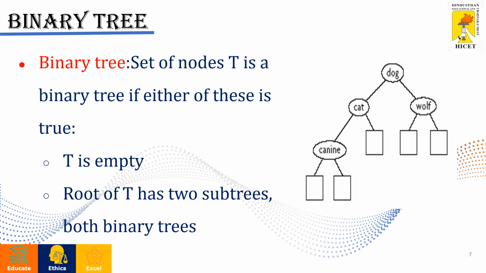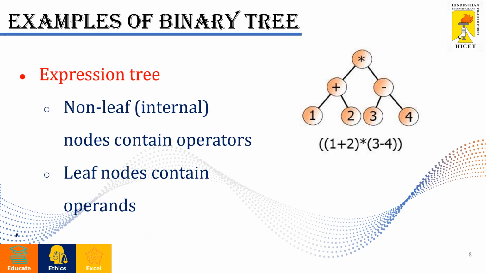From this example, you have dog as the root node and it has two subnodes, cat and wolf. Again, cat is the parent of canine and it has an empty node. So each node in a binary tree will have two subnodes or two subtrees.